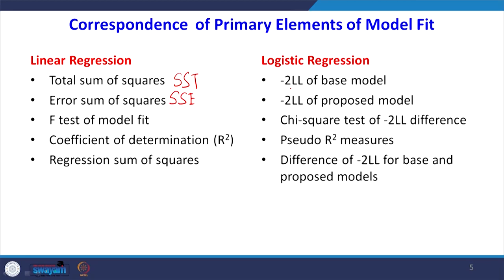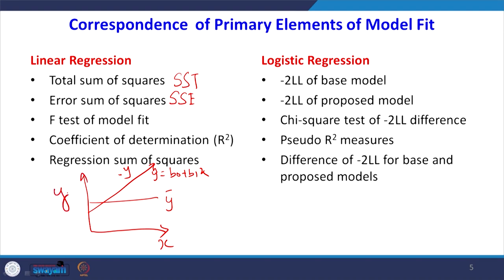We know that in a simple linear regression, the meaning of SST is like this. Say this is y bar, this is y, suppose a line goes like this, this is our predicted value b0 plus b1x, this is our x value, this is our y value.